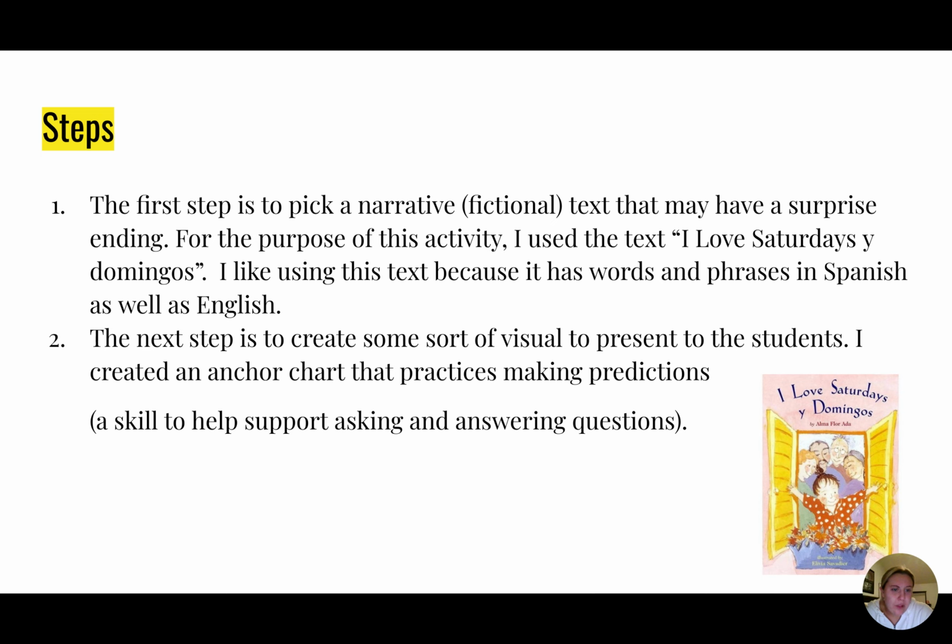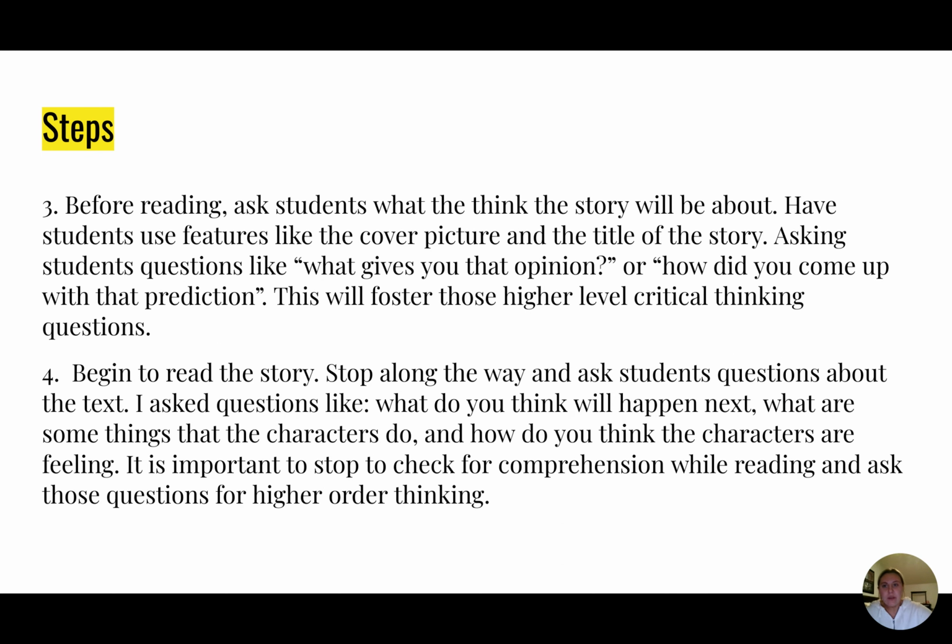And a lot of the students in my classroom have their first language as Spanish. The next step is to create some sort of visual to present to the students. So for my activity, I created an anchor chart that practices how we can make predictions. So I taught them how to make a prediction, and then I made an anchor chart as a visual to help support.